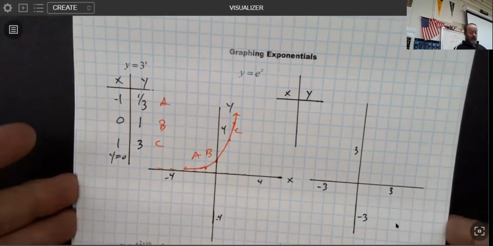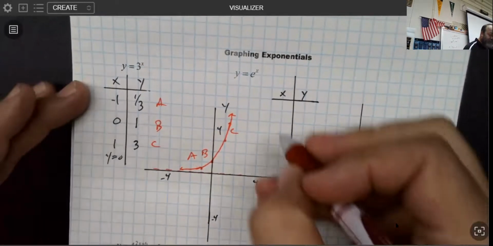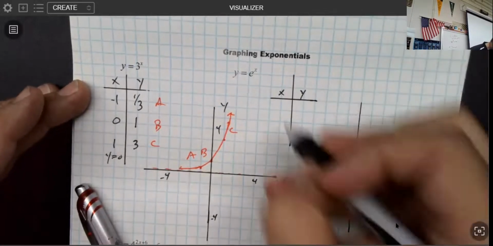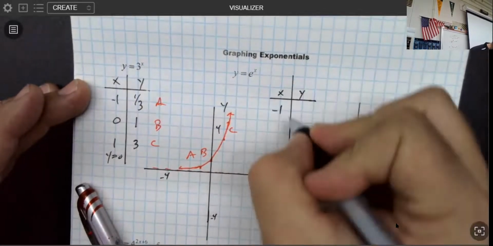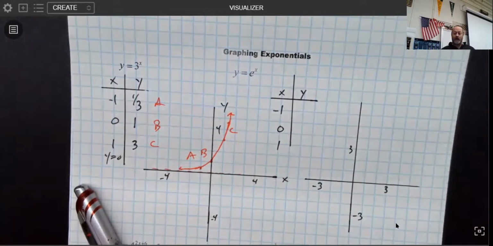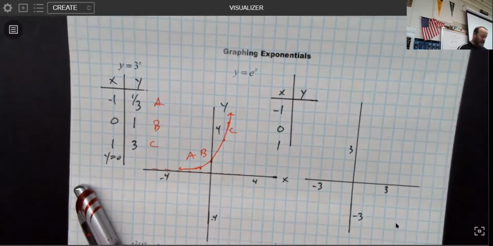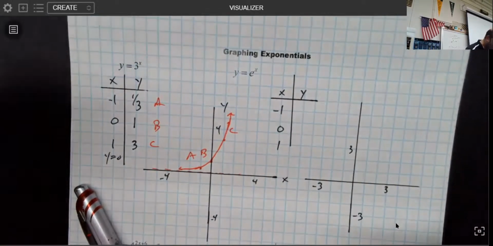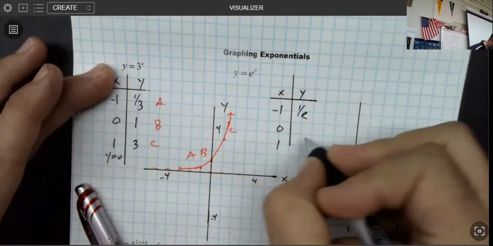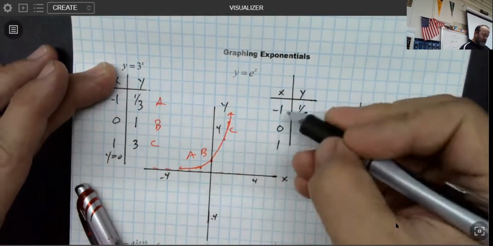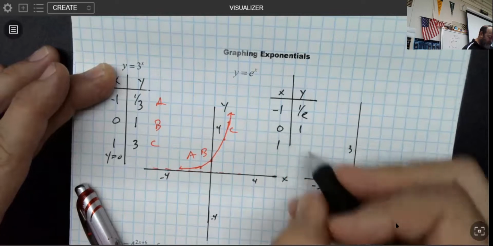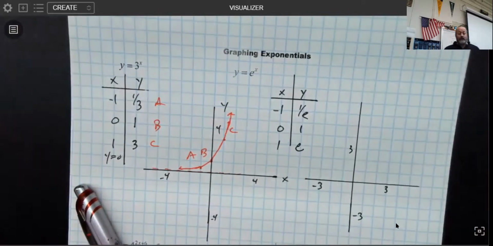Now, coming over here to e to the x, not everybody feels super comfortable with this because e is one of those transcendental numbers. It's an irrational value like pi that goes on forever without repeating. But we're going to label this as -1 gives me 1/e, 0 gives me 1, and 1 gives me e. Now, again, that's what the math says, but of course, a math student is like, well, where do I graph 1/e?